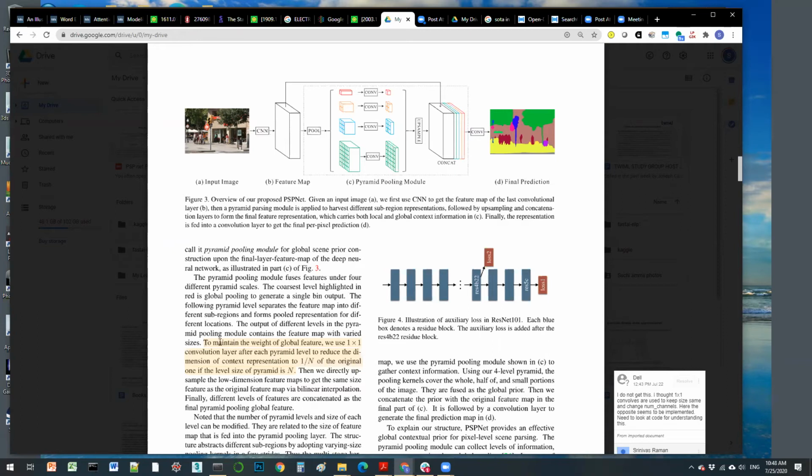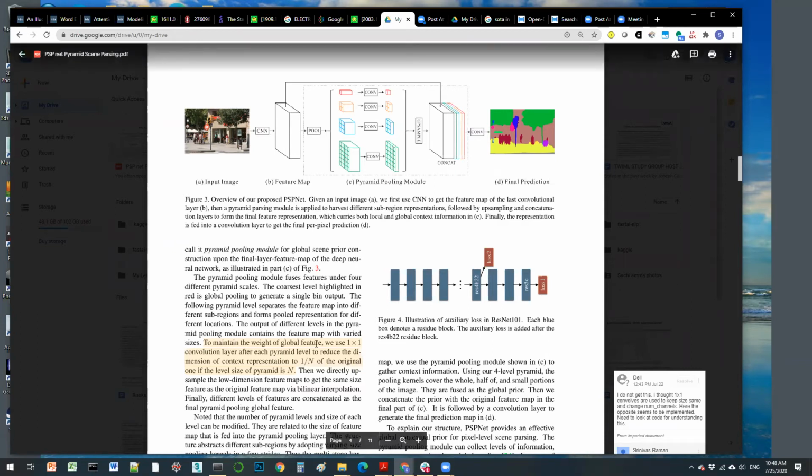It says, to maintain the weight of the global feature, we use a 1 by 1 convolutional layer after each pyramid level. So after each of these levels, they do a 1 by 1 convolution. My recollection of what 1 by 1 convolutions are used for is basically to change the filter dimension. I thought that was not going on here, but that's actually what is going on here.